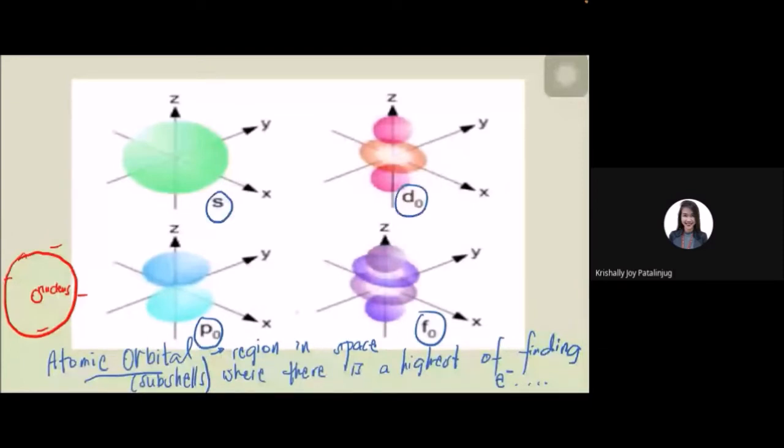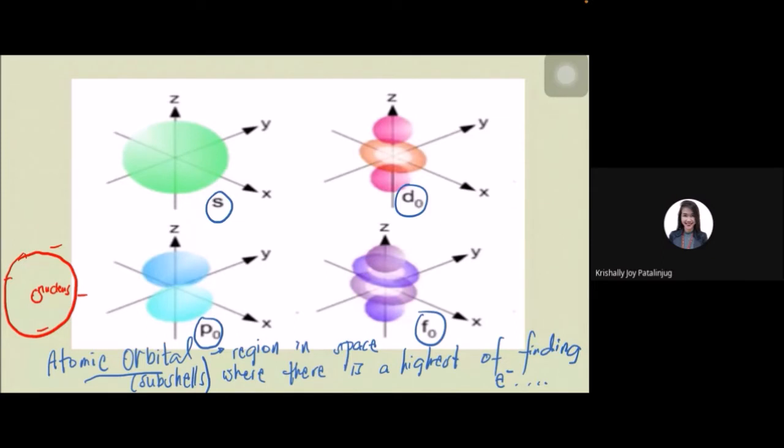And the F orbital has shapes perpendicular to each other. Again, these shapes are not electrons. They are regions of space around the nucleus where we can find electrons.